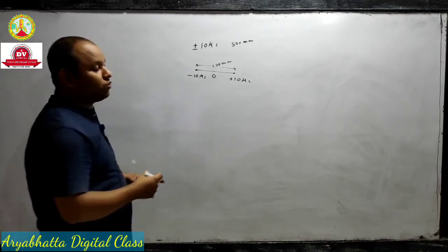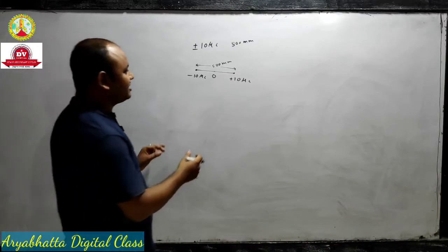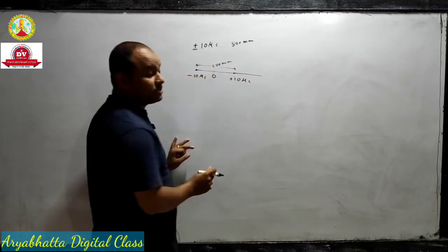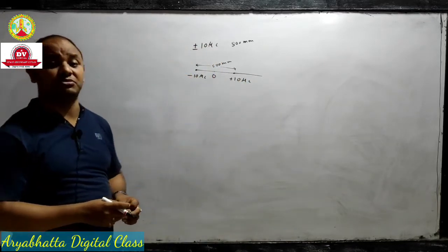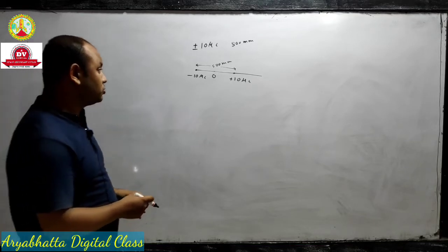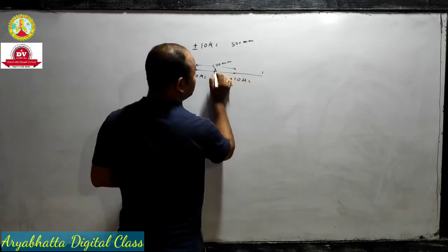So you need to calculate the electric field on the axial line at a distance 15 centimeter on the side of the positive charge. So the distance from center O to point P is 15 centimeter.